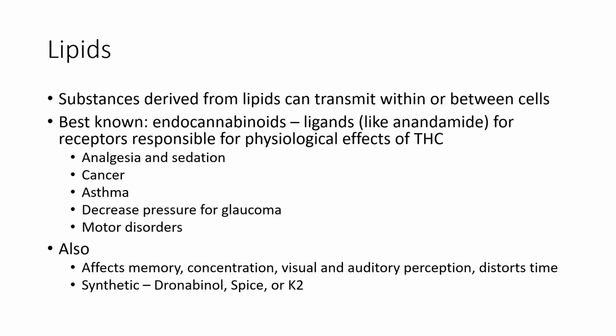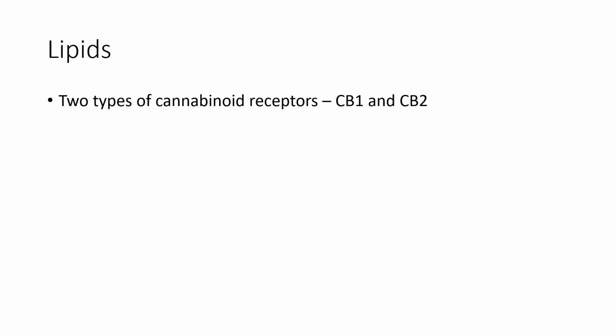Synthetic versions of THC would include things like spice or K2. These are commonly more available as a street drug. Now, there are two types of cannabinoid receptors that we know of, CB1 and CB2.